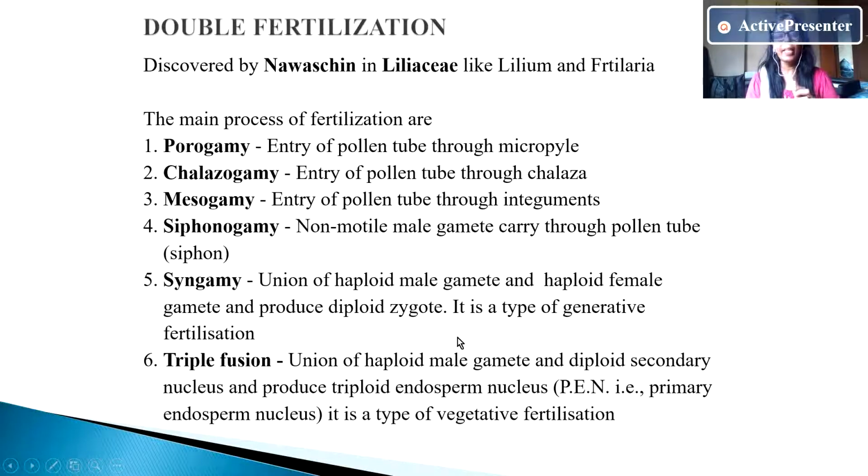The fusion of a haploid male gamete and a haploid female gamete to produce a diploid zygote is known as syngamy. It is generative fertilization. Syn means union: the male gamete and female gamete unite to form a diploid zygote, which is known as syngamy. Then triple fusion: the second haploid male gamete and the diploid secondary nucleus present at the center of the female gametophyte fuse.